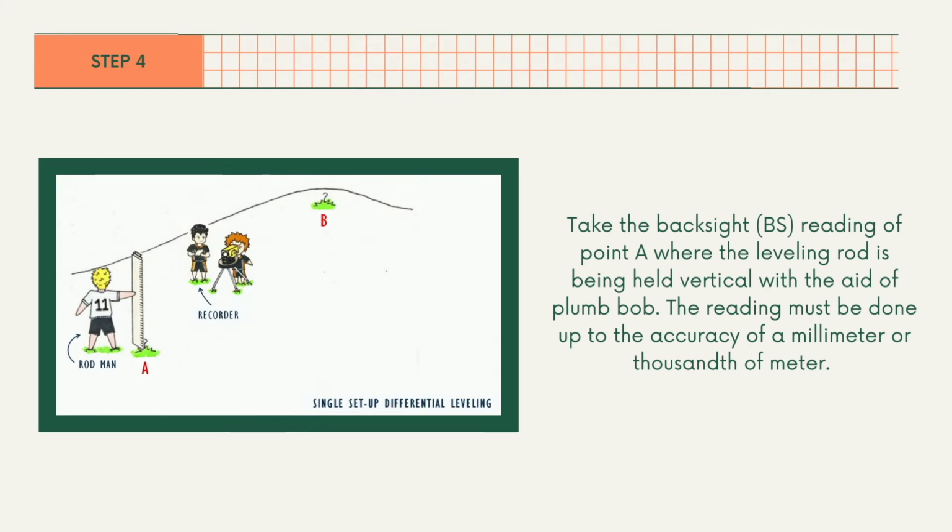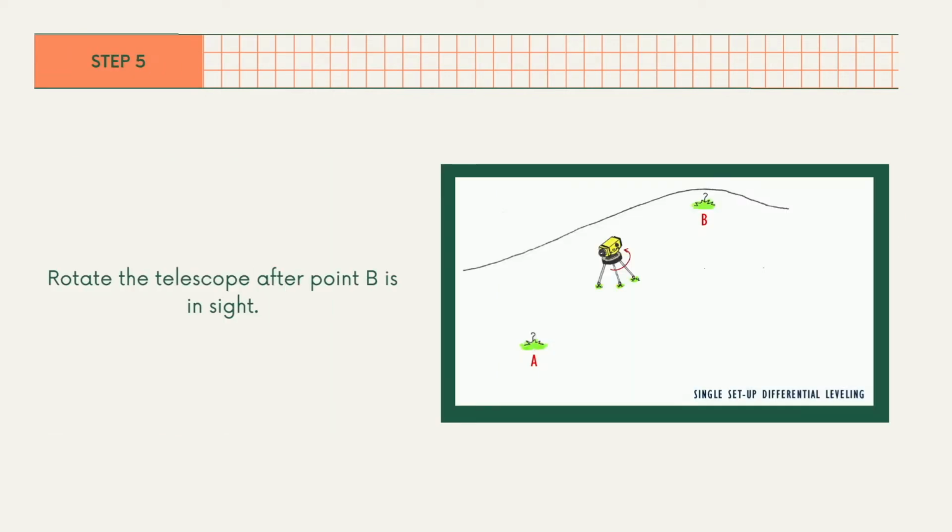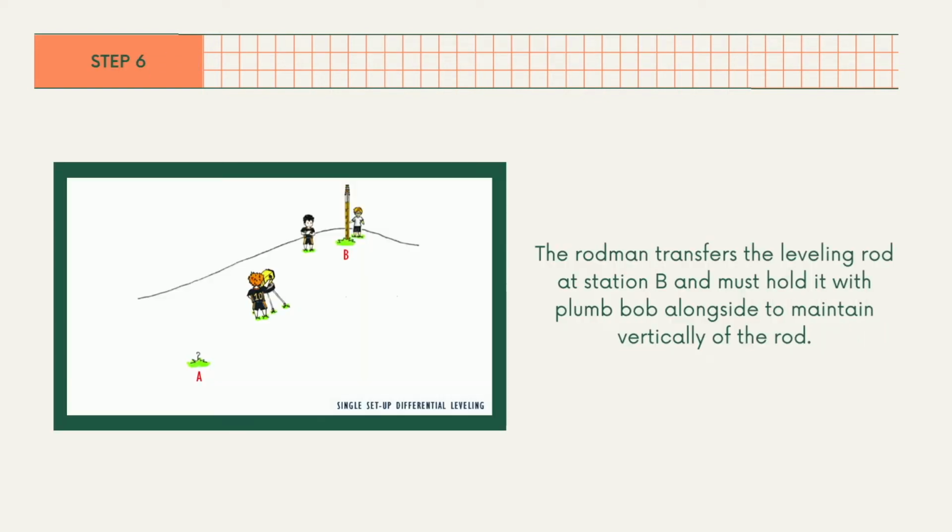Take the backsight reading of point A where the leveling rod is being held vertical with the aid of the plumb bob. The reading must be done up to the accuracy of a millimeter or thousandth of a meter. Next step is to rotate the telescope after point B is in sight. Then, the rodman transfers the leveling rod to station B and must hold it with the plumb bob alongside to maintain the verticality of the rod.